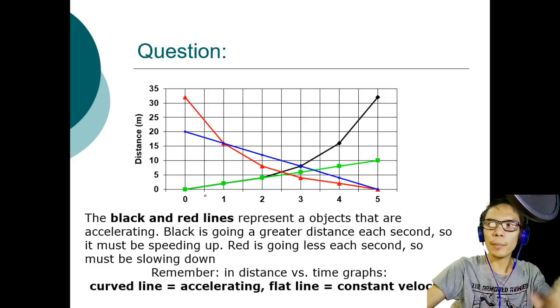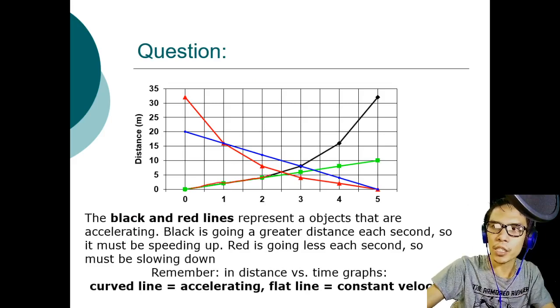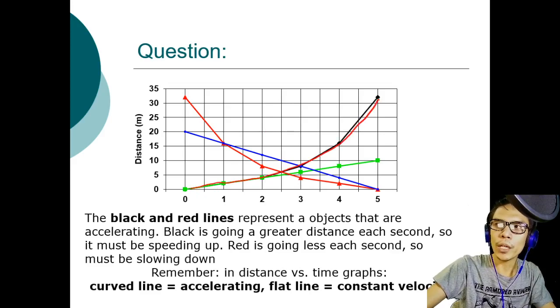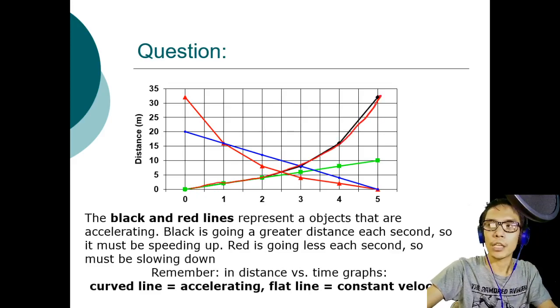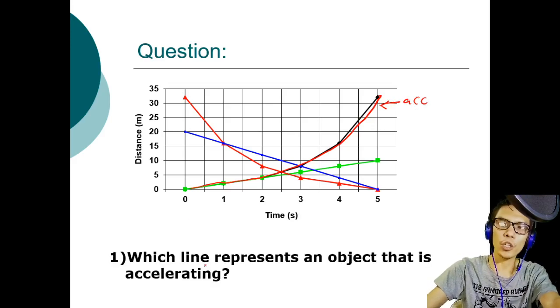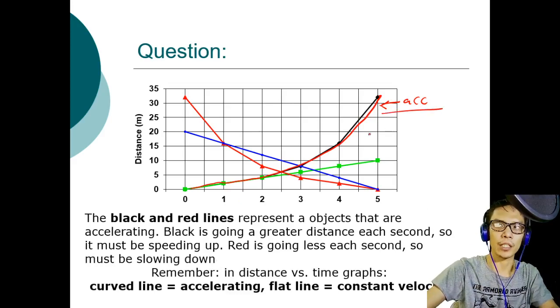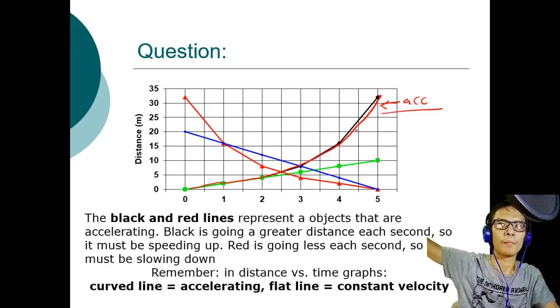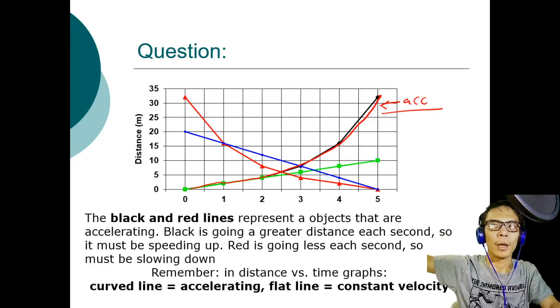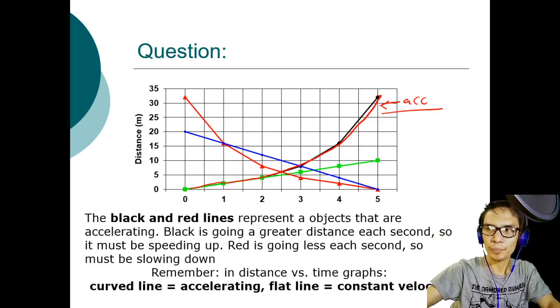Why the black line? Because it is increasing in speed. Take note, guys, when you increase in speed, the object is accelerating. So the black line definitely accelerates, in the positive direction.